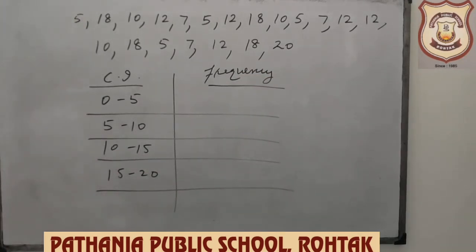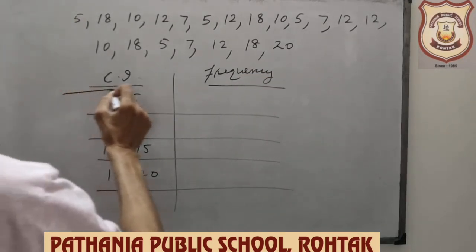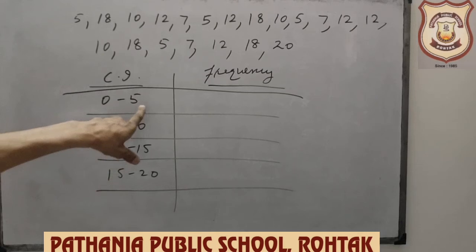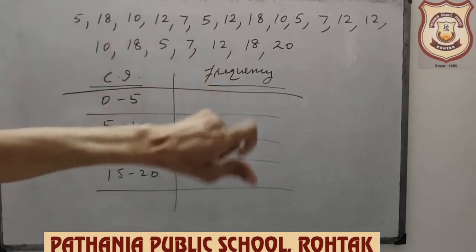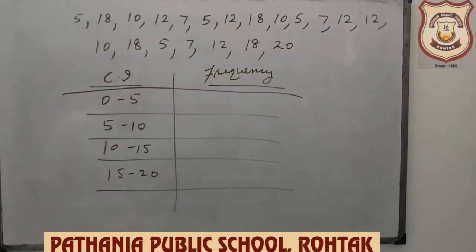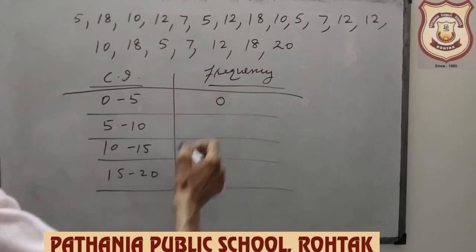Just like how many students got marks between 0 to 5. Now check, here 5 is included here, not in this. Take care of this thing. So below 5 there is no one. No student is there whose marks is less than 5. So 0 to 5 is 0.